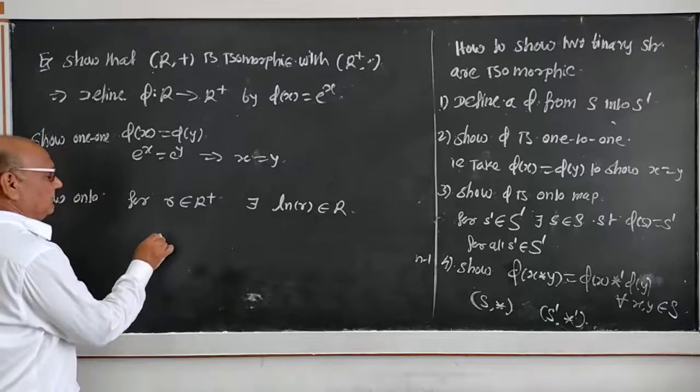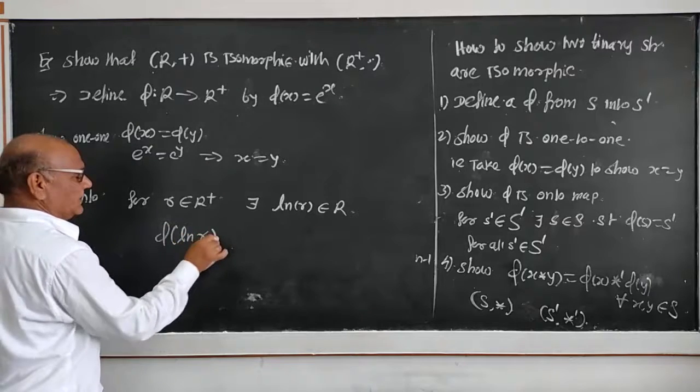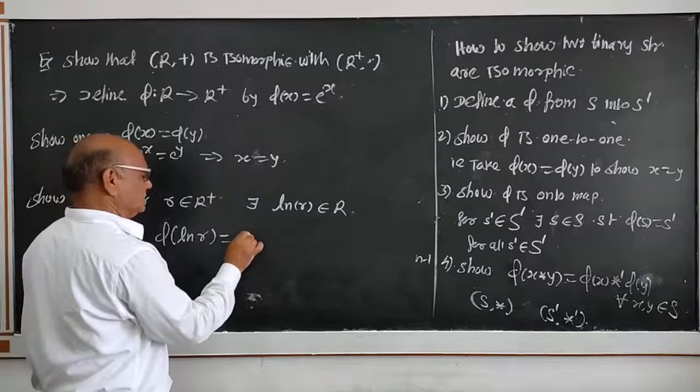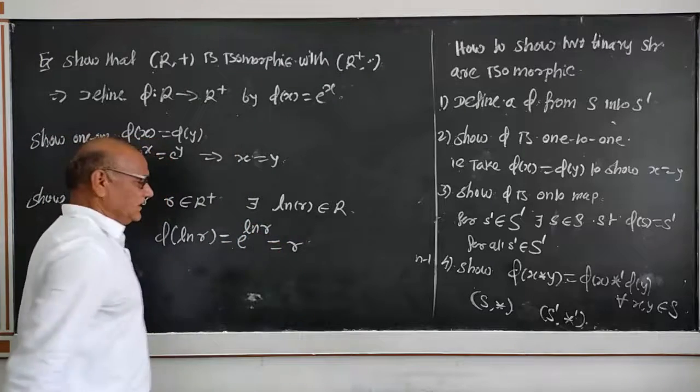And here phi of ln r is, by definition, e raised to ln r, and this is equal to r.